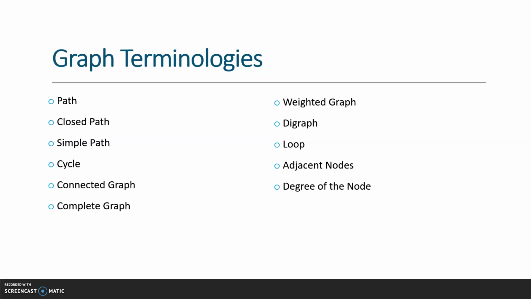A loop is an edge whose endpoints are the same. Adjacent nodes: if two nodes are connected via an edge, then the nodes are called neighbors or adjacent nodes. The degree of a node is the number of edges that are connected with that node.